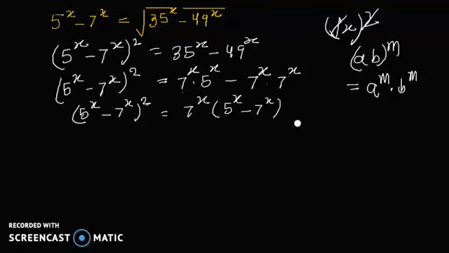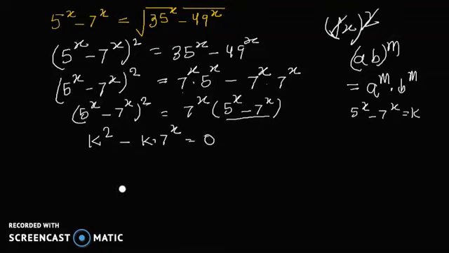and then we will bring the entire right hand side to the left hand side. So we will get, we can do one thing, we can assume this as k, 5 raised to power x minus 7 raised to power x equal to k. Then I can write it as k square minus k times 7 raised to power x equal to 0.